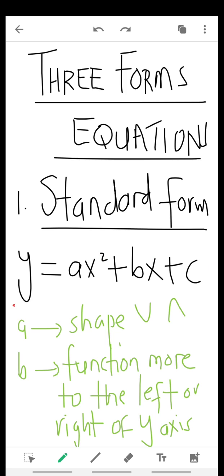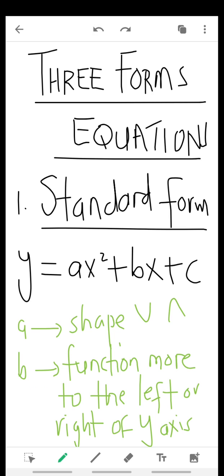Now, since this is the standard form, let us talk about A, B, and C. Very important for you to know what they stand for. So your A in the standard form stands for the shape. A tells you whether your parabola will be a smiling parabola or a sad parabola. Okay, and we will tell you how to determine that. Then what about B?